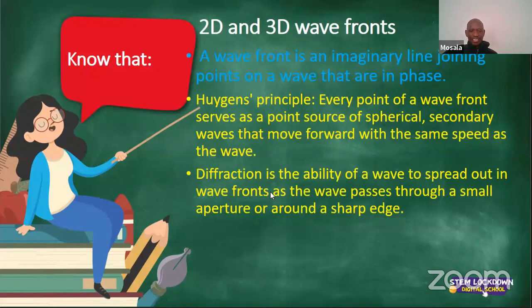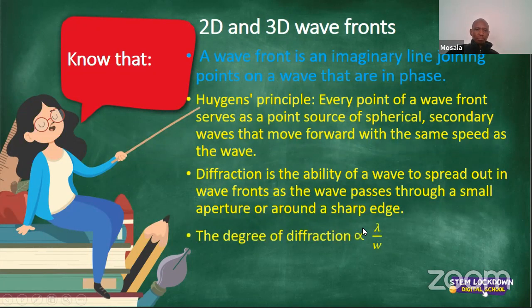Now, diffraction is the ability of a wave to spread out in wavefronts as the wave passes through a small opening or around a sharp edge. For instance, if light is going through a slight opening, diffraction will be taking place there.